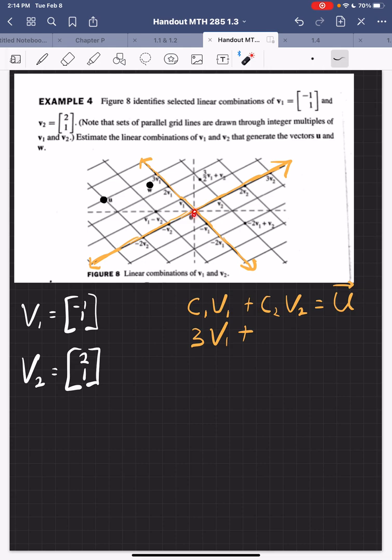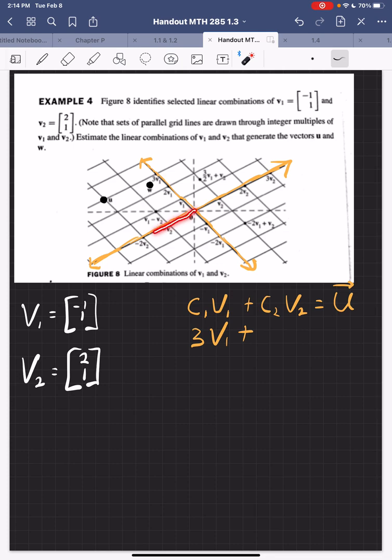Okay, now let's go back to the origin. And now we're talking about the v sub 2 direction. So v sub 2 direction is this way. So negative v sub 2 would be this way. And if you want to arrive at this destination u, I'm going to have to travel in the negative v sub 2 direction. I think that makes sense. Now the question is, how far do I have to go?